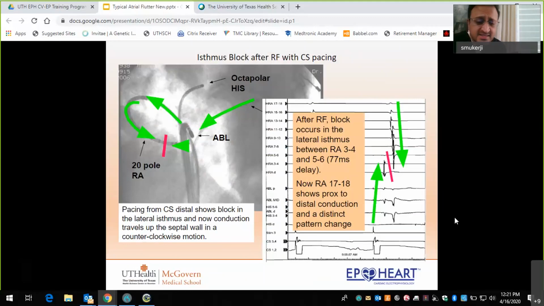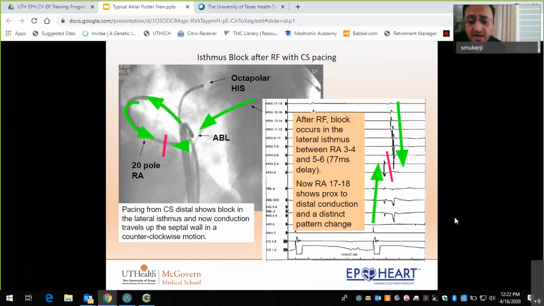There are a few rules, like I said. In entrainment, firstly, we don't try to terminate the tachycardia. We're pacing at about 10 to 20 milliseconds below the tachycardia cycle length. We're trying to capture the tachycardia and establish if this truly is a re-entry mechanism.